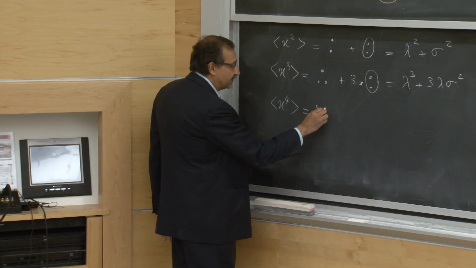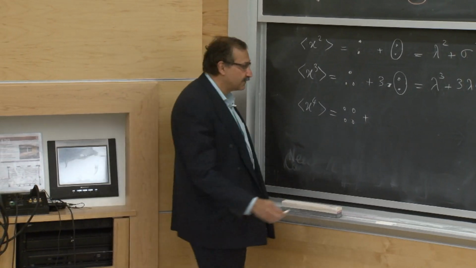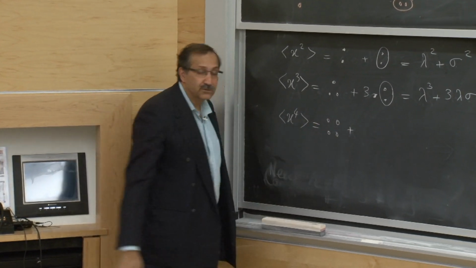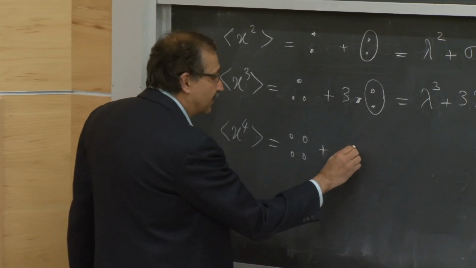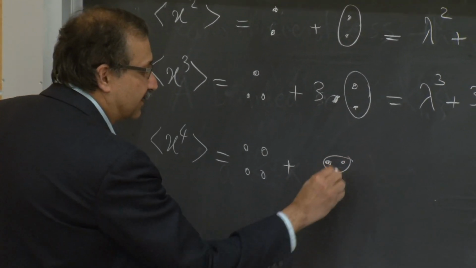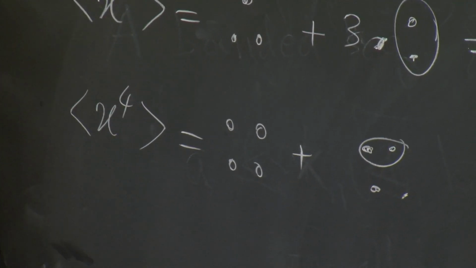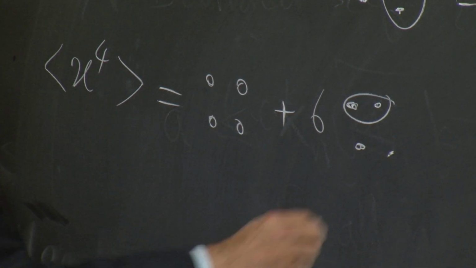You can say, OK, it's either this, or I can have, well, I cannot put 1 aside and 3 together because that doesn't exist. I could have 2 together and 2 not together. And this I can do in 6 different ways. You can convince yourself of that.